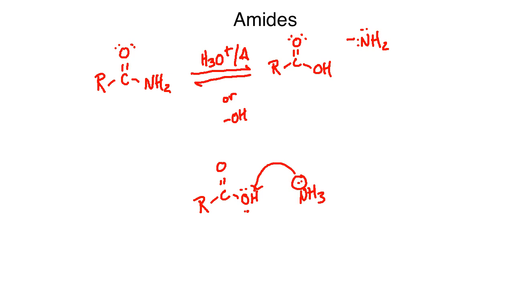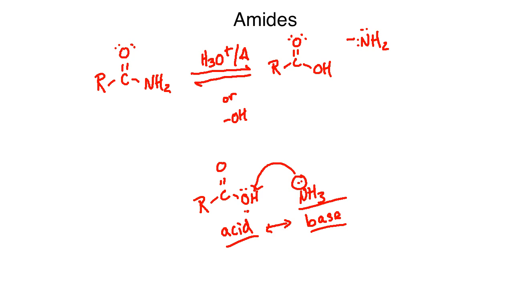It turns out that when we had esters, the basicity of an alcohol is not as basic as an NH3. This group right here is a very decent base. And so I'm going to expect an acid-base reaction here versus any sort of nucleophilic attack of the amine back in order to create the amide.